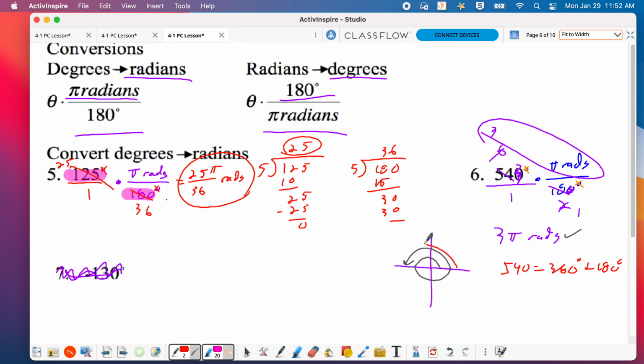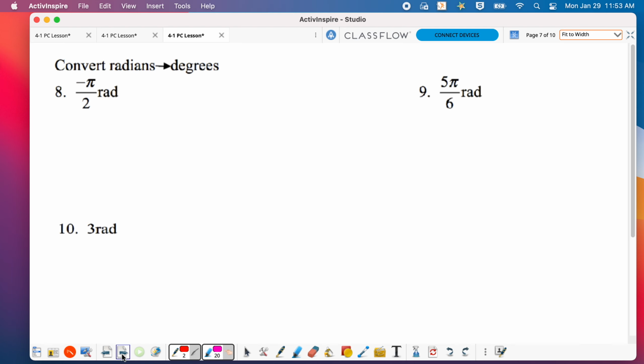So I'm going to rotate all the way around an additional 180 degrees, and I end up in the same place. So I know I have my math right. Graphing the angles: 125 is a tougher one, but 540, if we recognize it as 360 and 180, we can see that it works. All right, let's go the other direction.